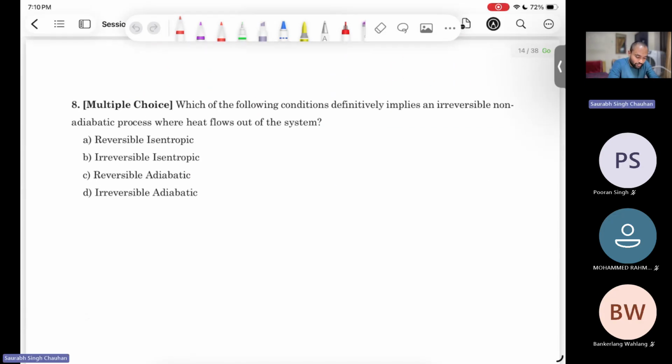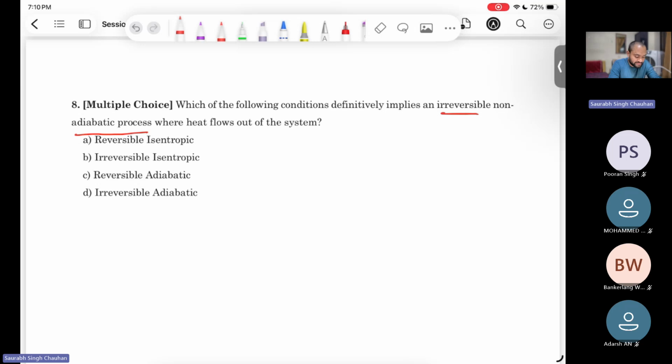Question number 8 says, which of the following conditions definitively implies an irreversible non-adiabatic process? Non-adiabatic process where heat flows out of the system.